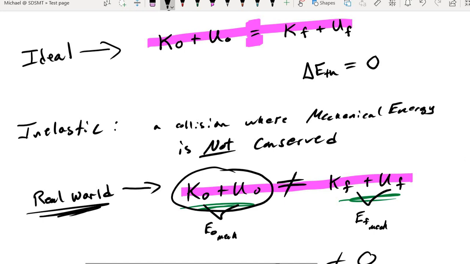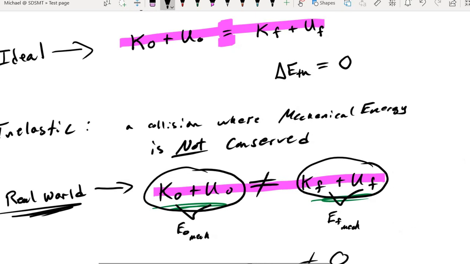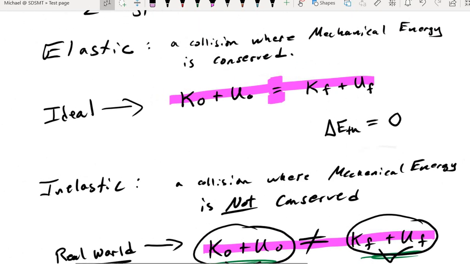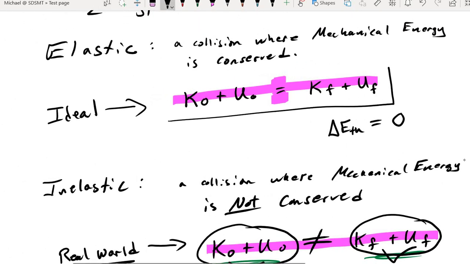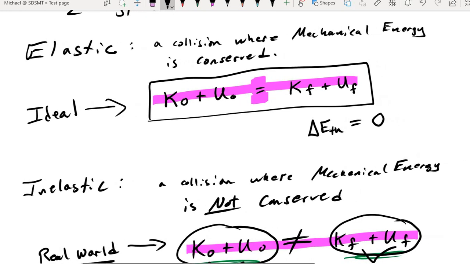If I have information about the initial kinetic and potential energies, I can compare that to the final combination, and if they're different, then we know that there has been some energy loss due to heat. Whereas up here, in the ideal situation, this is probably never going to happen in the real world.